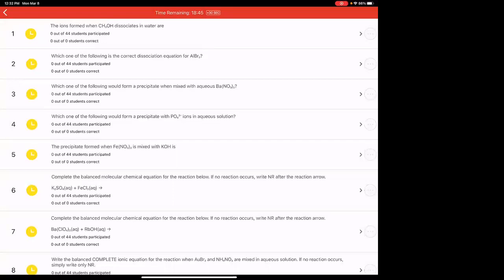A good rule of thumb is that molecular things don't dissociate. Now, that's not always true, but in this case we can take that one to the bank. If you see something molecular like that, you can pretty well assume it's probably not going to come apart into ions. So you're looking primarily for salts, right? Metal and a nonmetal.